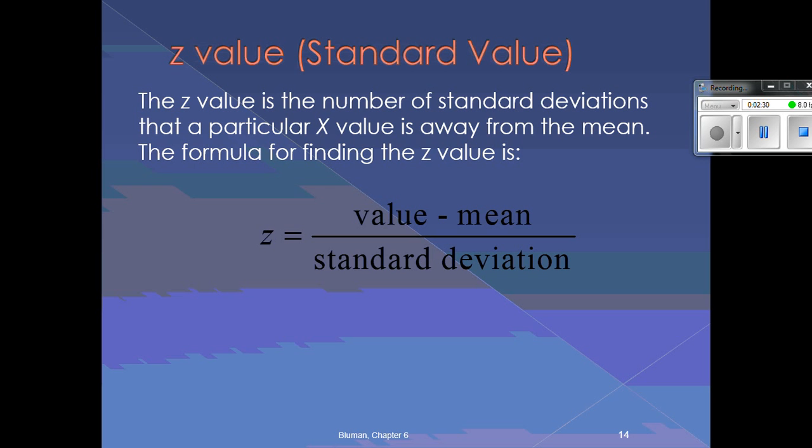Well, what we're looking at doing here is taking that number 8 and converting it to a standard score. So the value we would use would be 8 right here. We would subtract whatever our mean was, which was somewhere between 5 and 6, and we divide it by our standard deviation, which we never figured out. Here's the symbolic version of it.